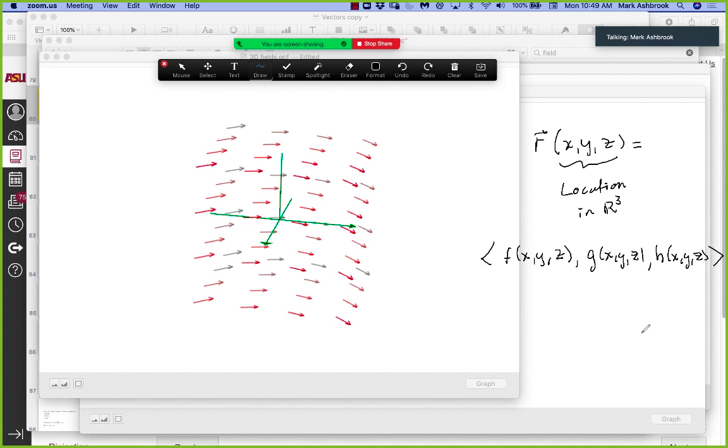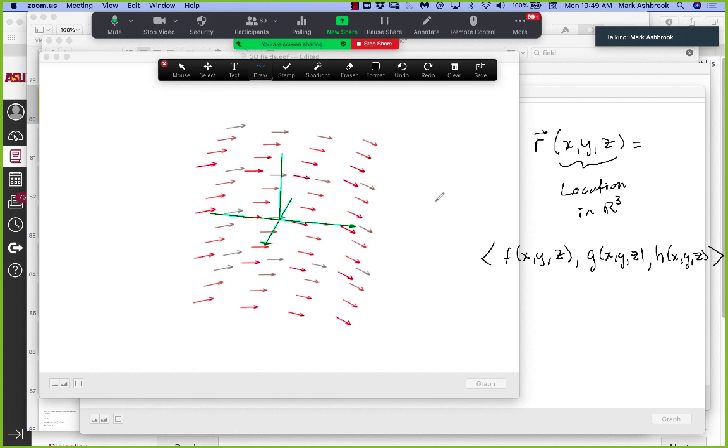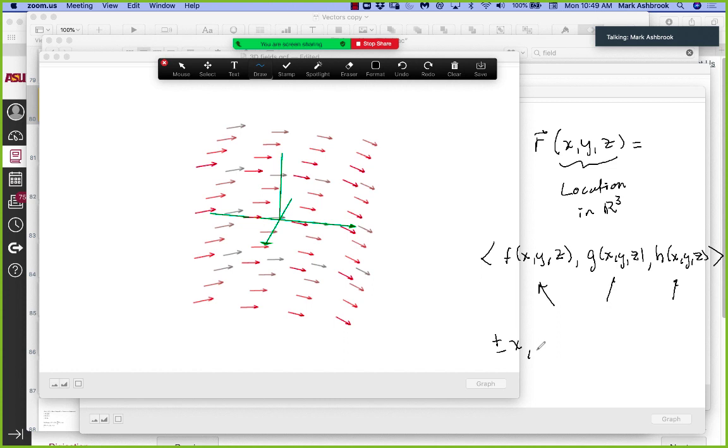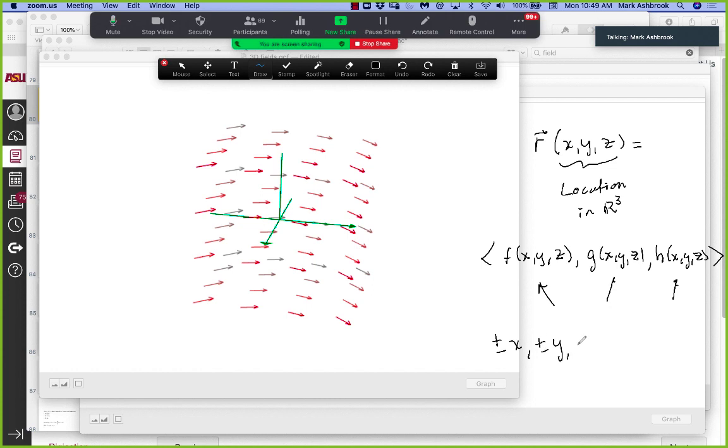And so we get a vector field in space instead of like the ones we saw last time in the plane. So just like the examples before, all the components are either plus or minus x, plus or minus y. Now we could also have plus or minus z, then plus or minus 1 and 0.